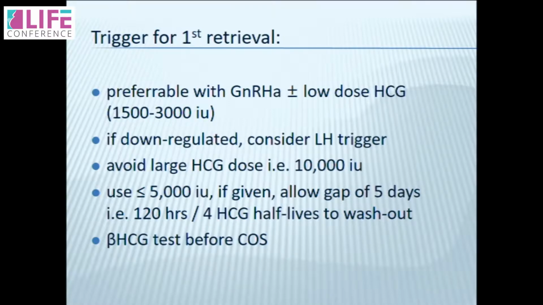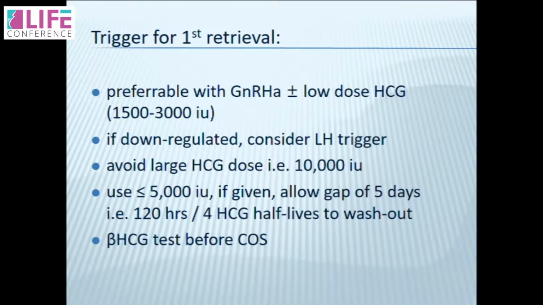Without HCG, I personally also feel that the eggs don't mature that well, so one may use a small dose. If the patient happens to be already downregulated, if you don't want the HCG, you may consider the LH trigger, but definitely one should avoid a large dose of HCG, like 10,000 units. So perhaps, if one wishes to use HCG, just up to 5,000 perhaps.